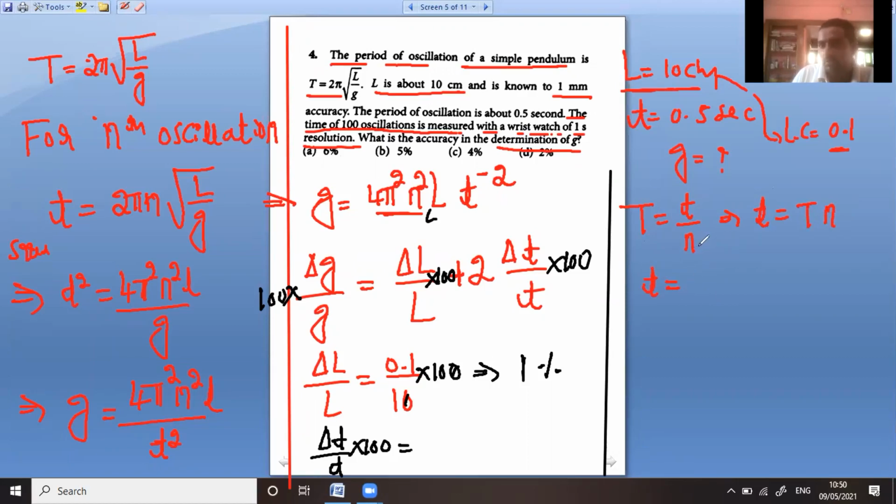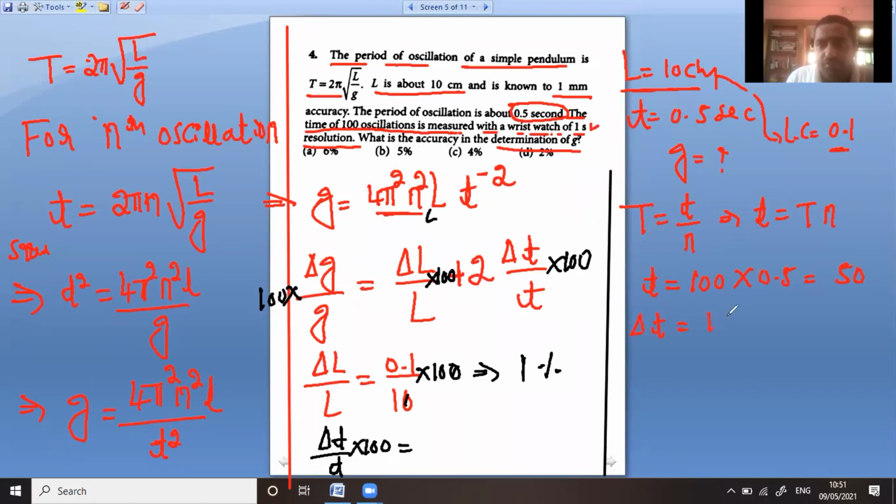So T is equal to N into t. 100 oscillations with the time 0.5 second, so 0.5 into 100 is 50.